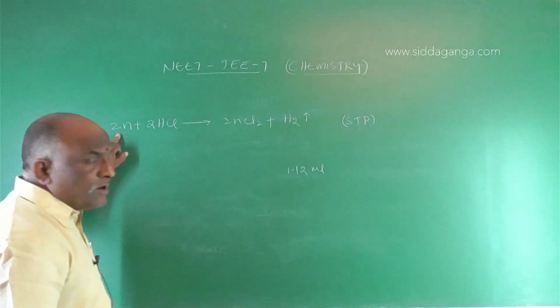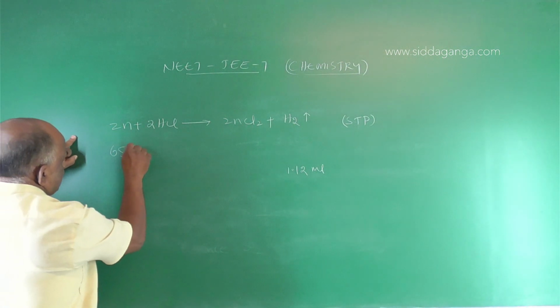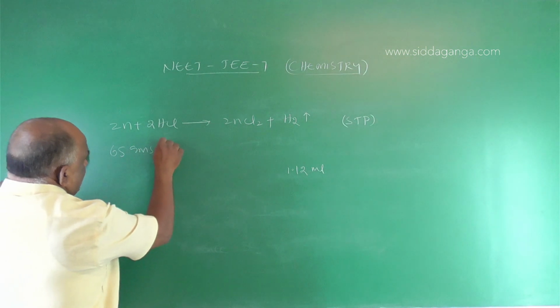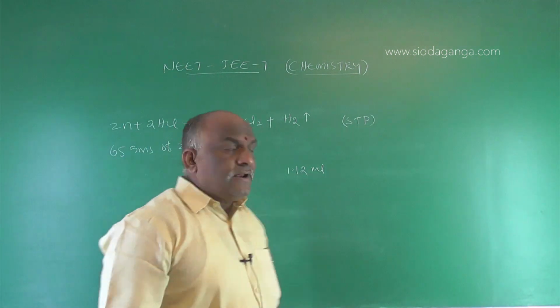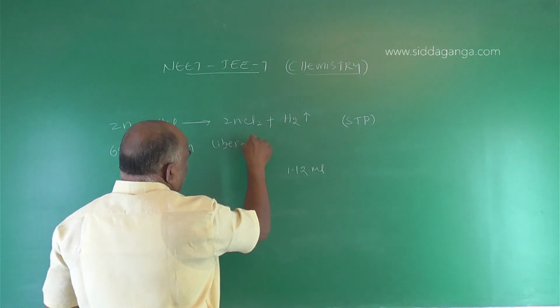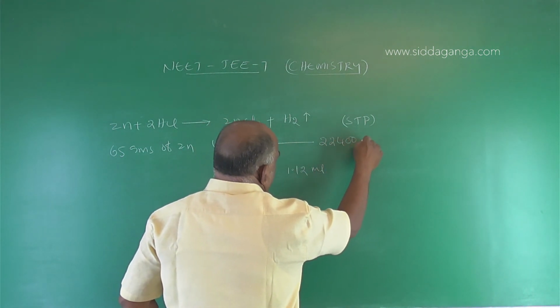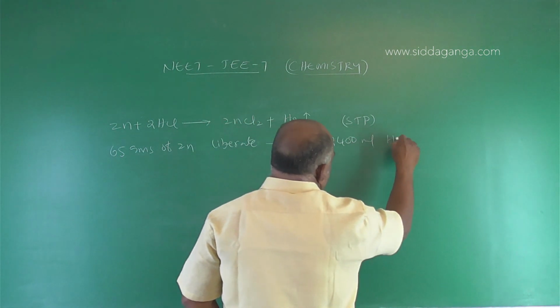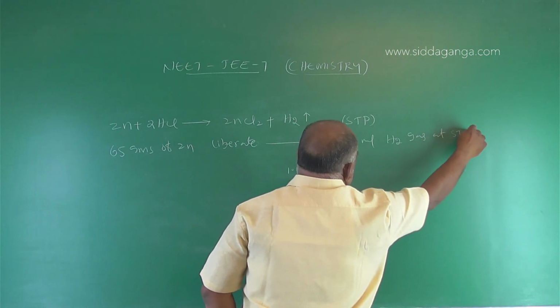And what about 1 mole of zinc? 1 mole of zinc means the mass of zinc is approximately 65 grams. 65 grams of Zn liberate 22,400 ml H2 gas at STP. So this is a standard value.